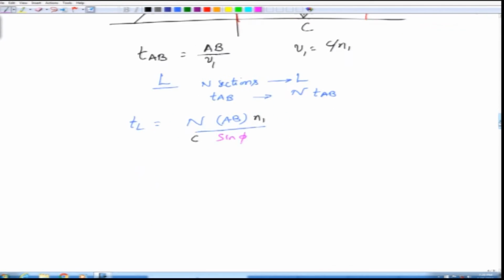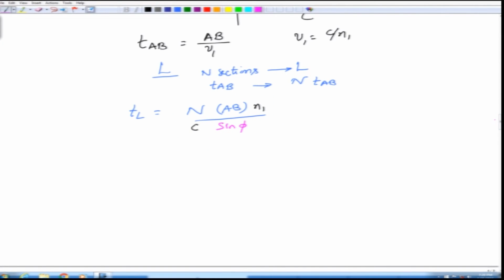So, the time travelled to traverse a fiber of length L is given by this particular expression, and since you are looking at n sections of AB, n sections of AB is nothing but L, right. Each section is of length AB. So, n times AB is nothing but L. So, the time taken for any ray which is incident is given by L n1 by C into sin phi. Now, this is interesting.